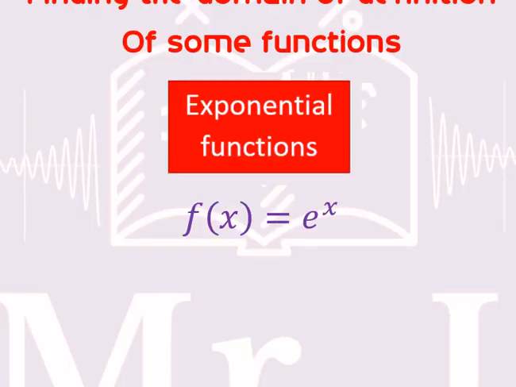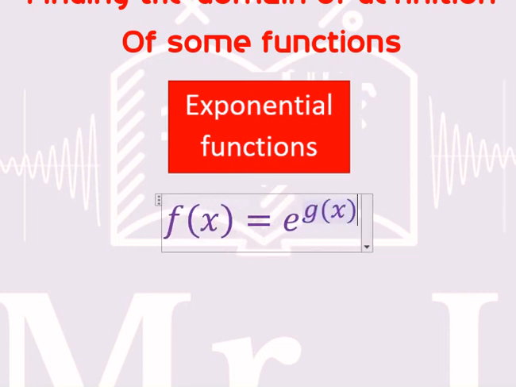And finally, we have the exponential functions. With exponential functions, we don't have any problem, because the domain of definition will always be the real numbers; all values for x are accepted. But sometimes, guys, take into consideration, for example, if I define f of x as e raised to the power g of x.